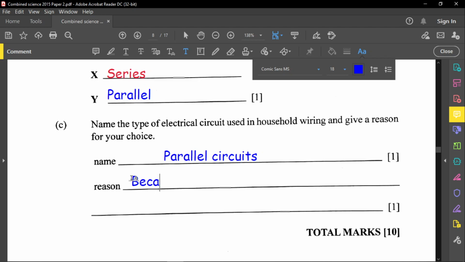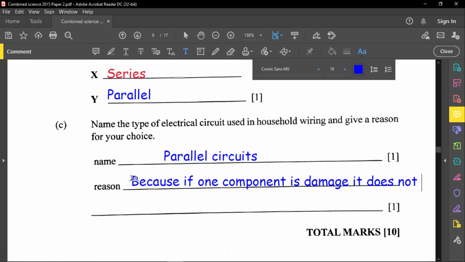if one component is damaged or removed, it does not affect the others.